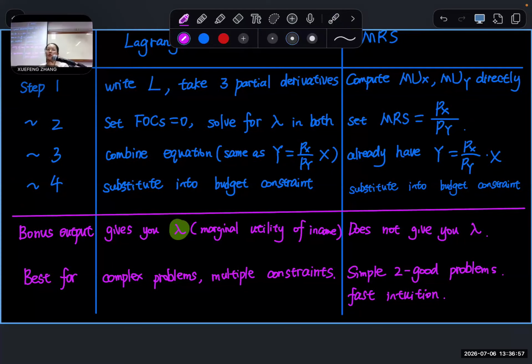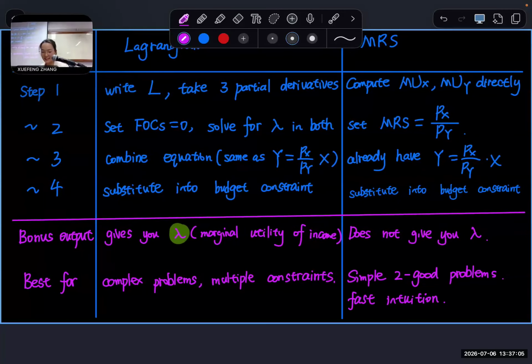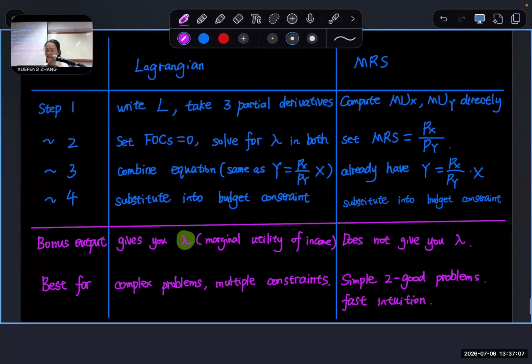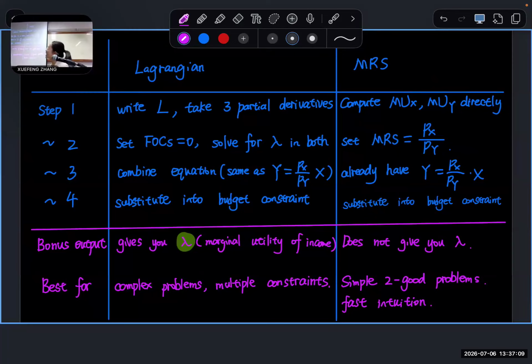So which one do you prefer, Lagrangian or MRS? MRS, yes, less algebra. Okay, let's continue.